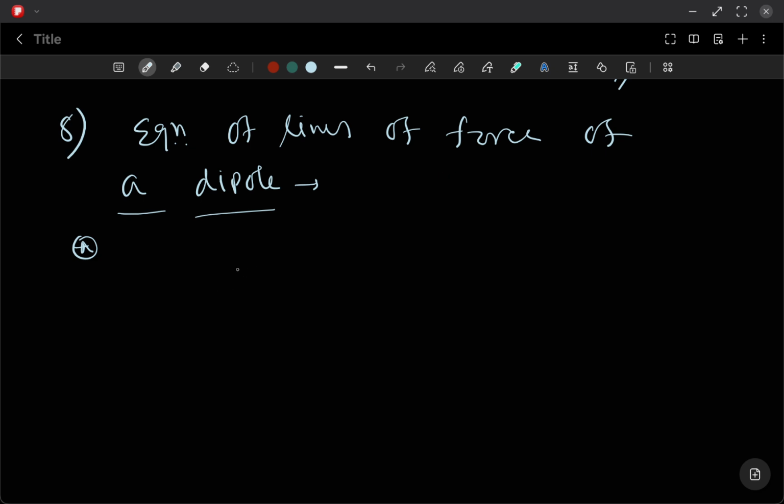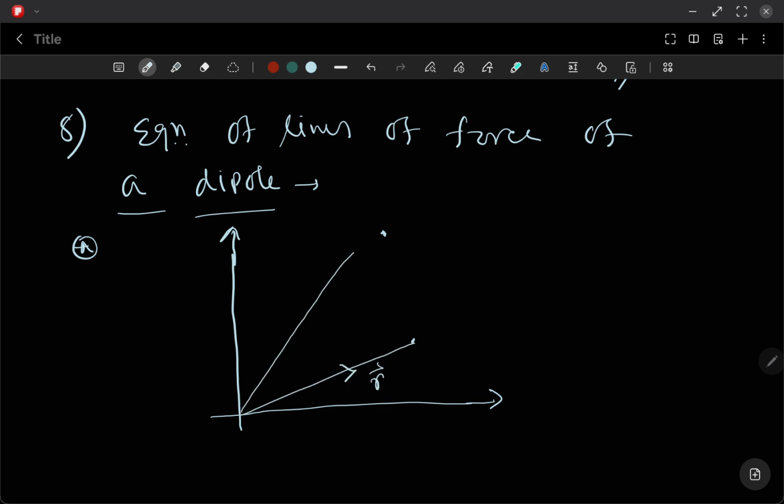See, this is the position vector r of a point, and this is r plus dr, the position vector of a neighboring point.